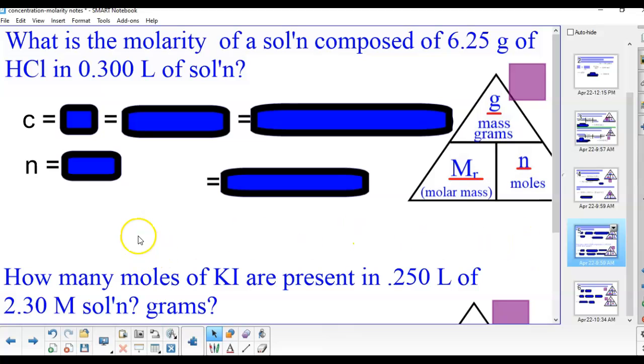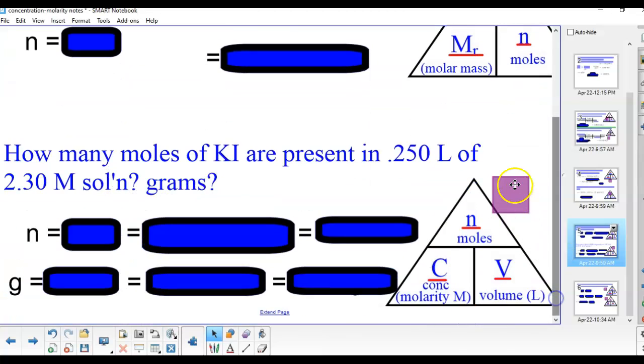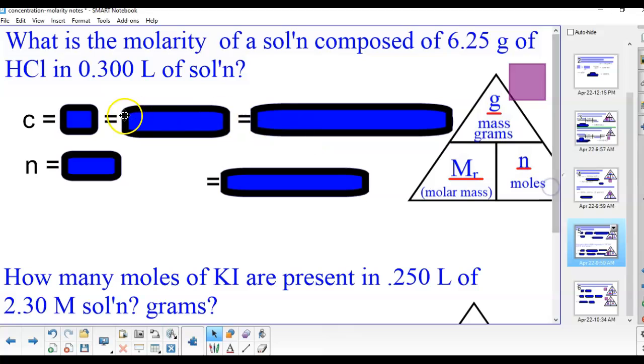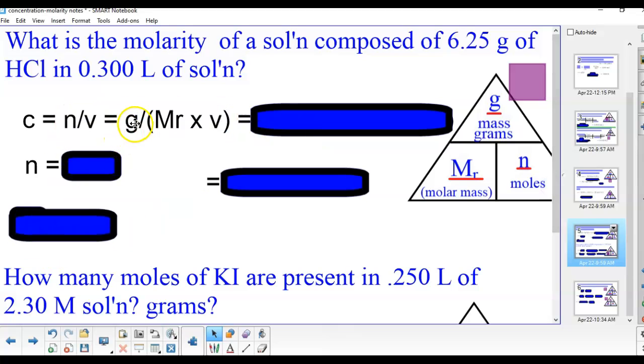A couple more problems here. Again, what's the formula for concentration? Well, if we take a look, concentration is moles divided by volume. I'm given not moles in my problem, I'm given grams, so I'm going to have to find out how many moles I have.